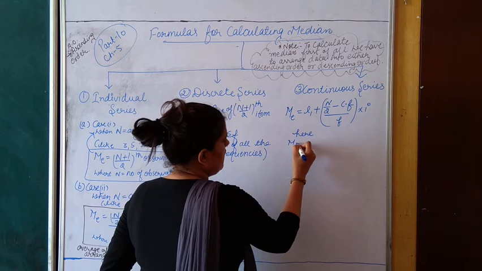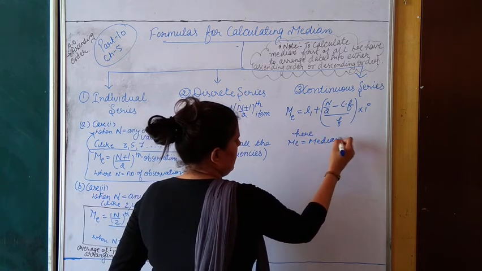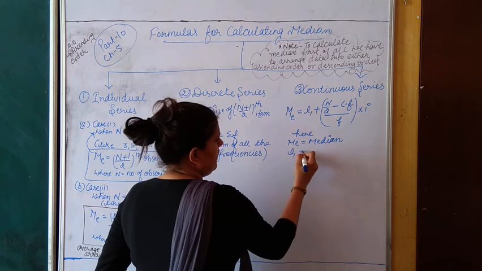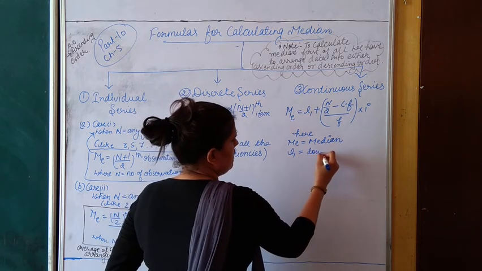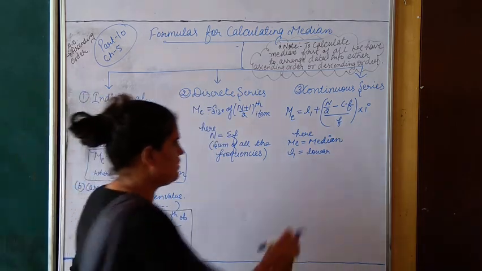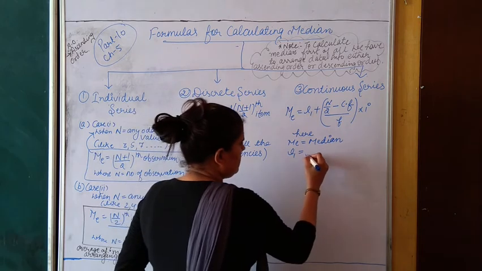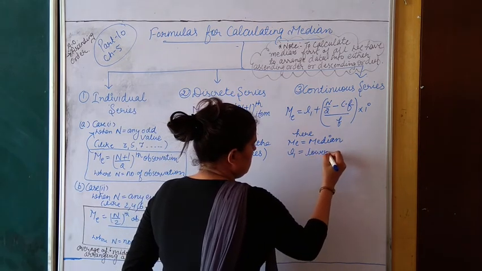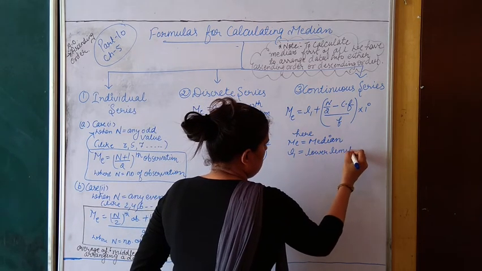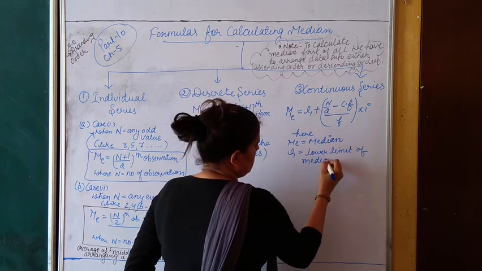Now let me tell you what all these values are. Here Me is your median. L1 is your lower limit of median class.